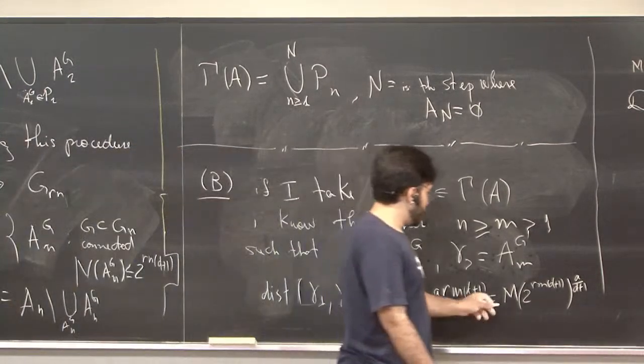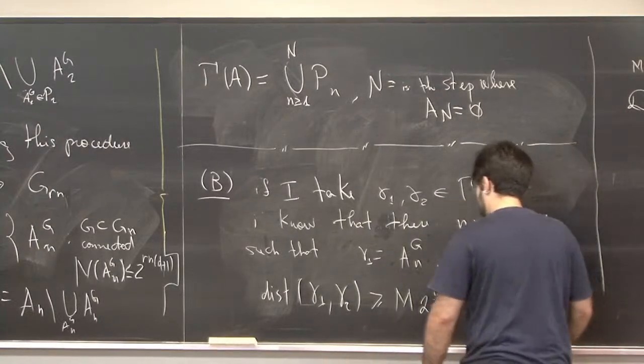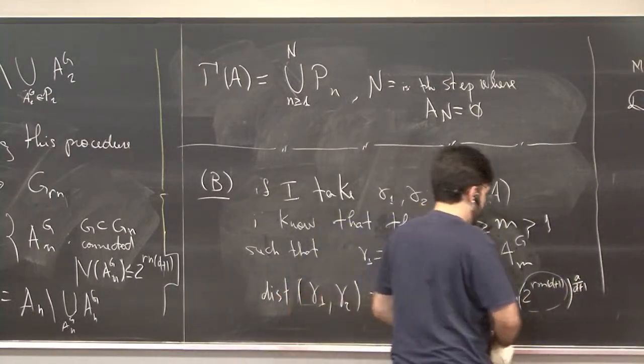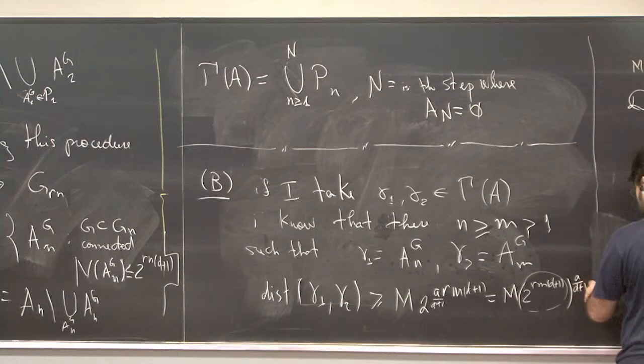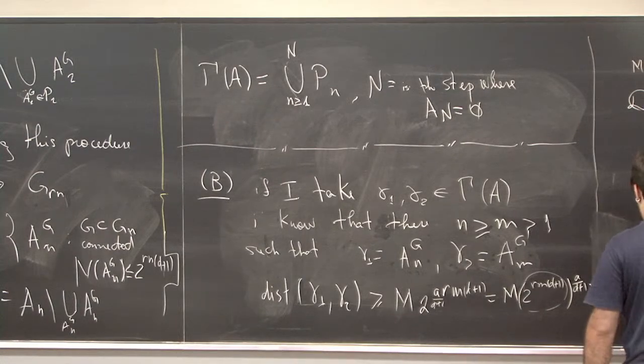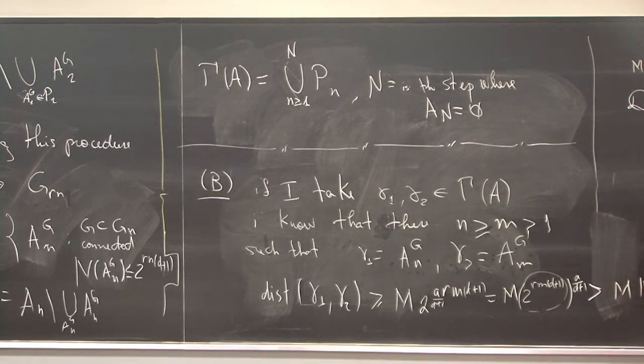So this means that this quantity right here is actually larger than m times the volume of AmG prime, to the power a over d plus 1.